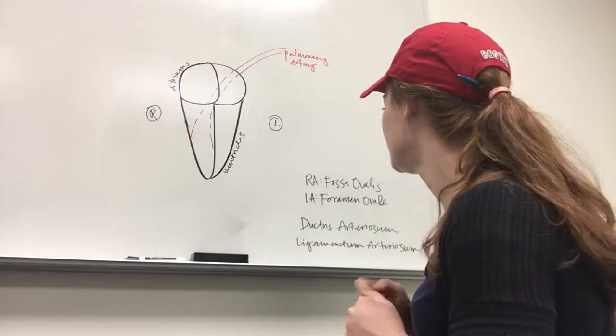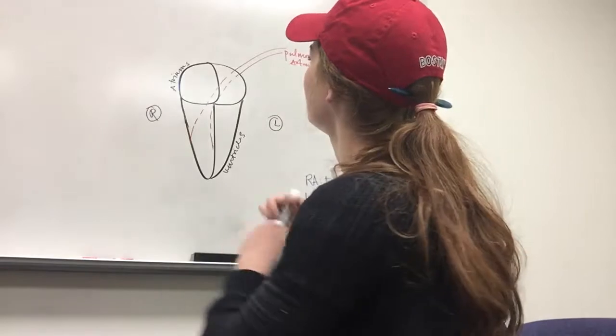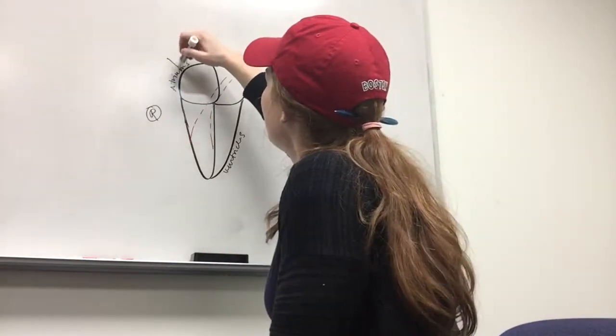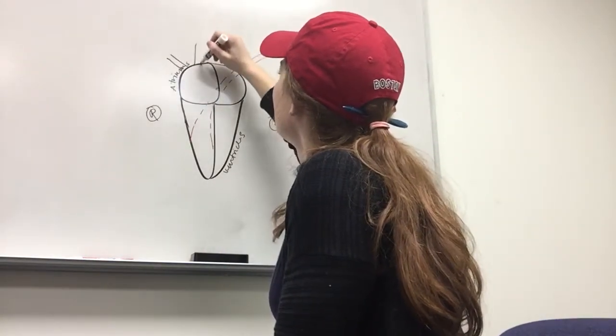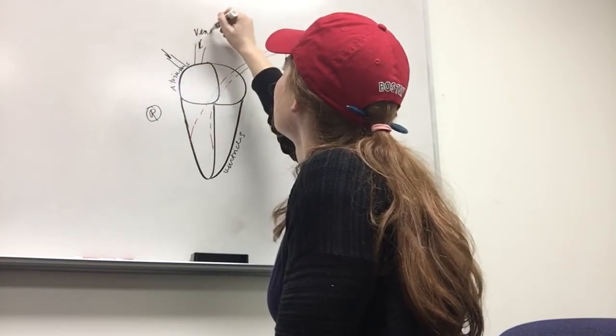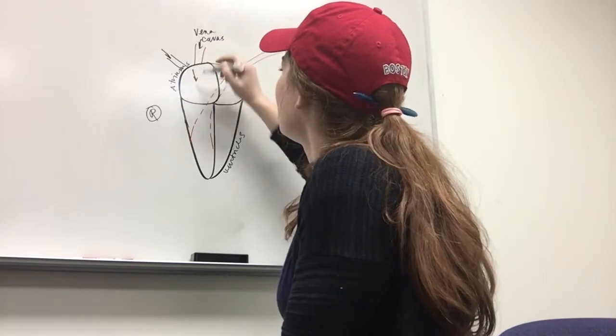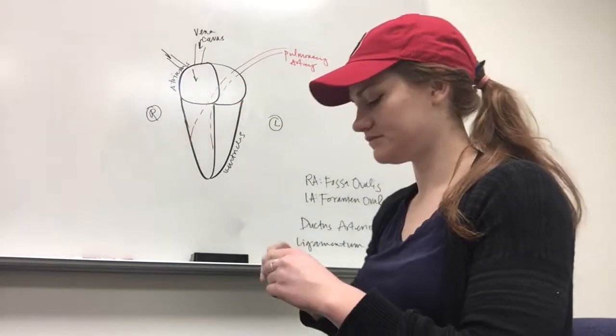So to start, you have blood coming in through the vena cavas. And so it's going to come in through here, and here's your right atrium.